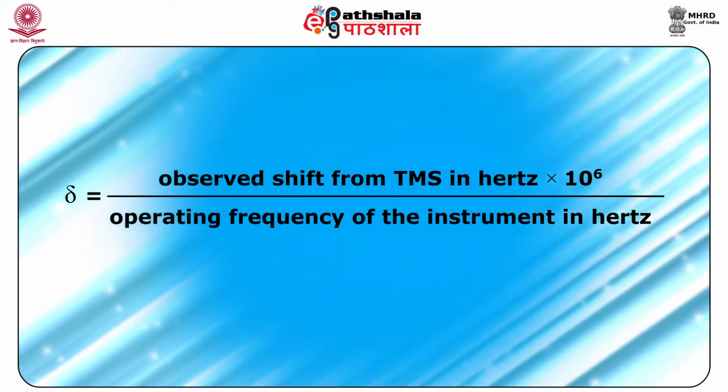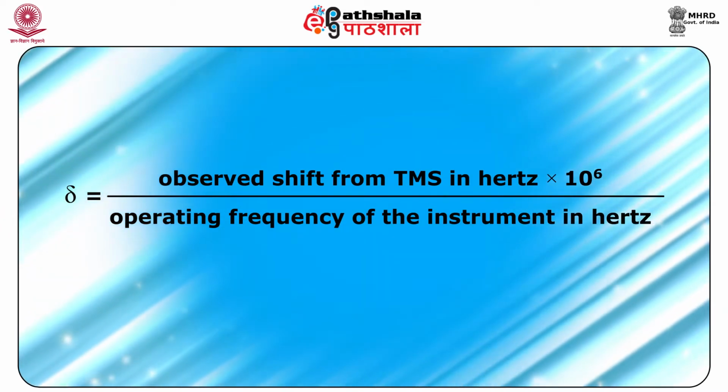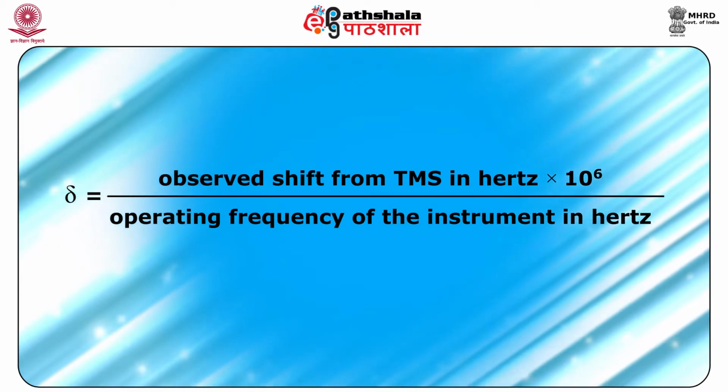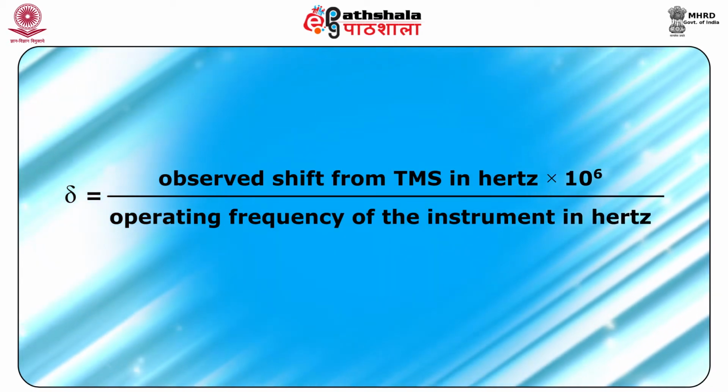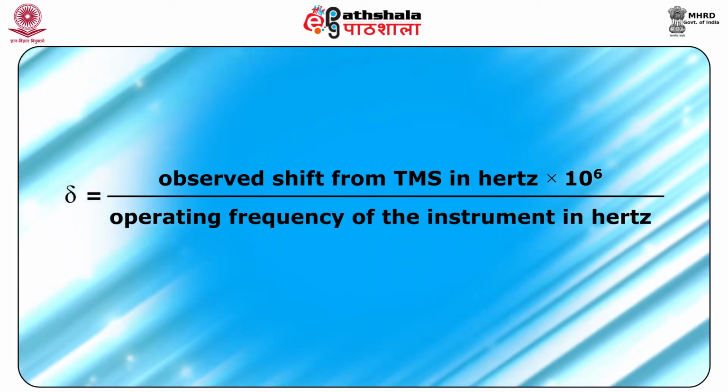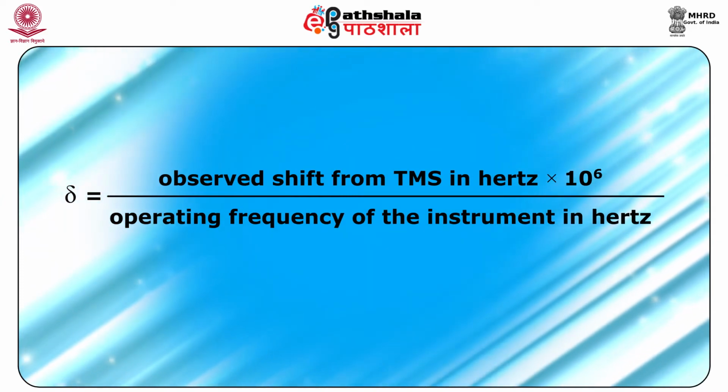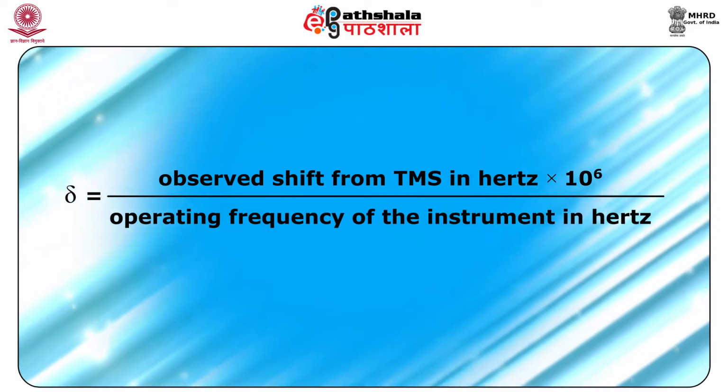Putting this mathematically, delta is equal to the observed frequency shift from TMS in Hertz times 10 to the power 6, divided by the operating frequency of the instrument in Hertz.